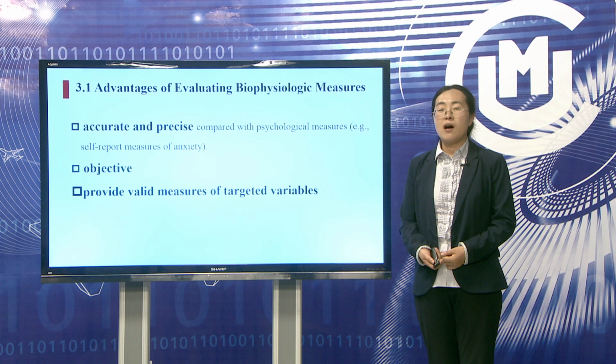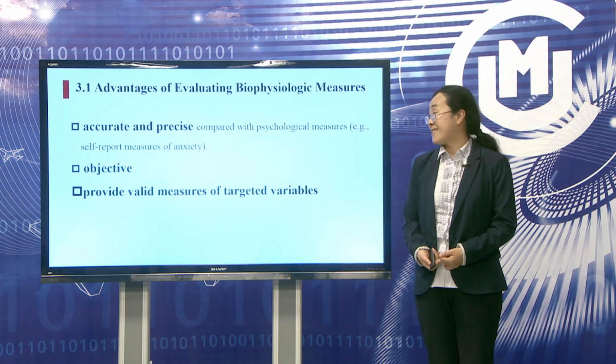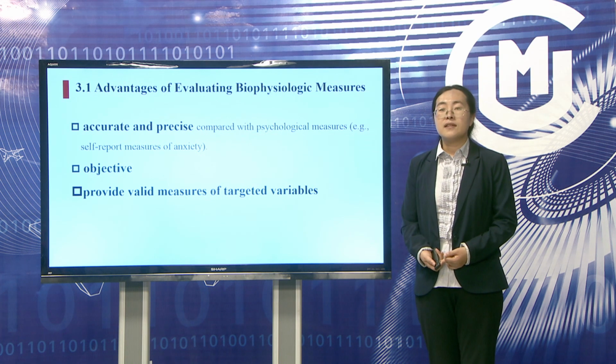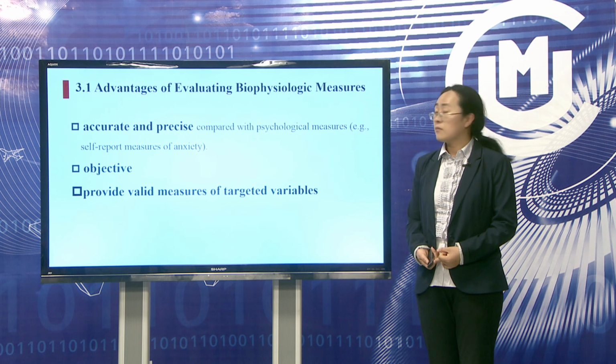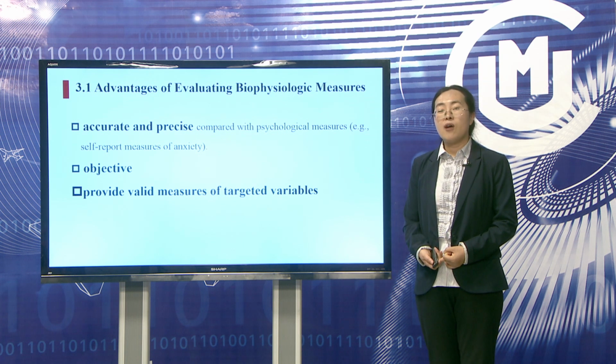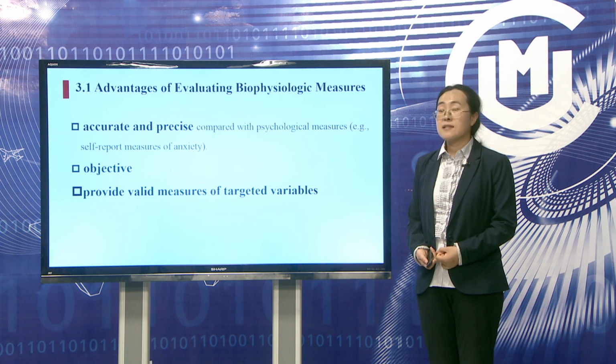The first advantage is that outcomes are accurate and precise compared with, for example, self-report measures of anxiety. The second advantage of biophysiological measures in studies is that they are objective.